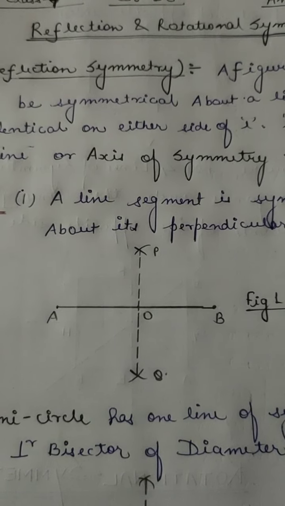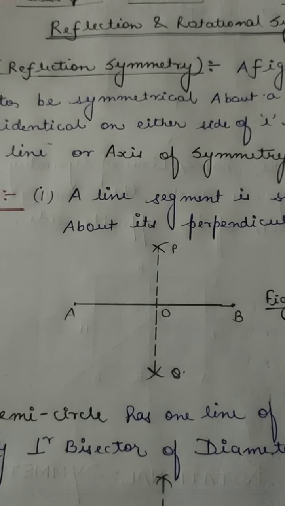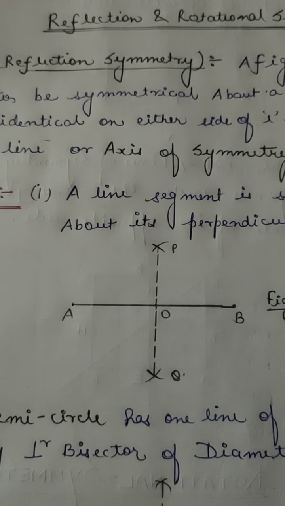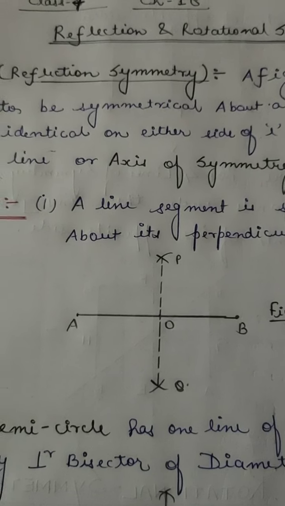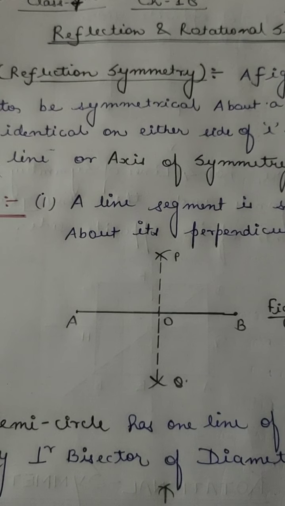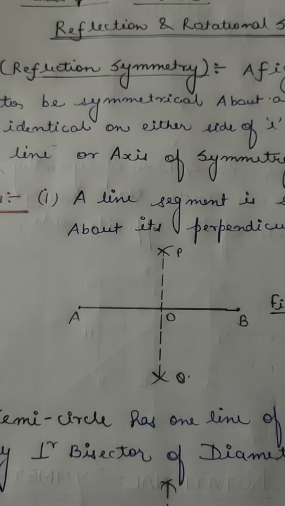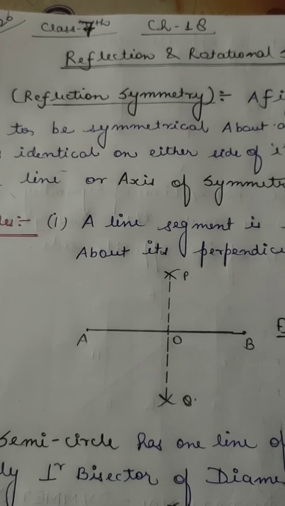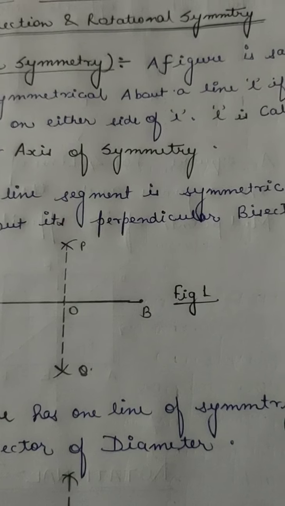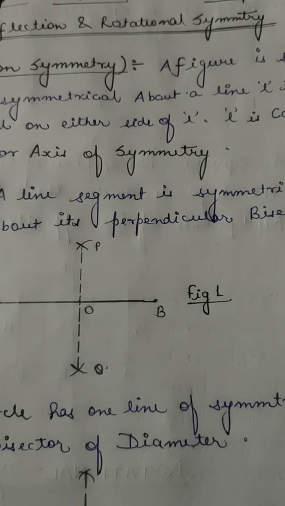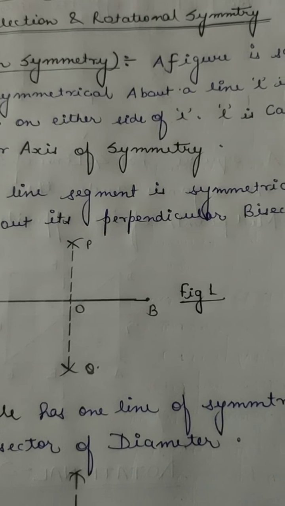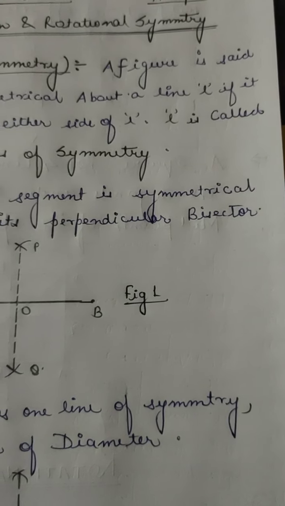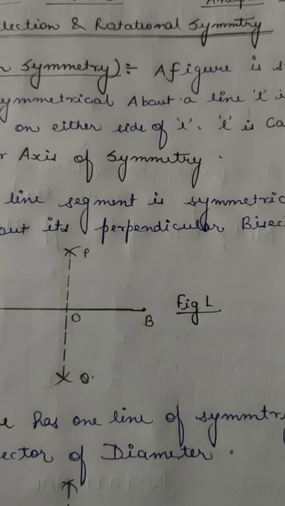तो रिफ्लेक्शन सिमेट्री किसको कहेंगे? कोई भी फिगर जो है वो सिमेट्रिकल तब होती है जबकि you will get the same image on the other side of the line. For example, when you see your face in the mirror, then exactly the same replica you see in the mirror.